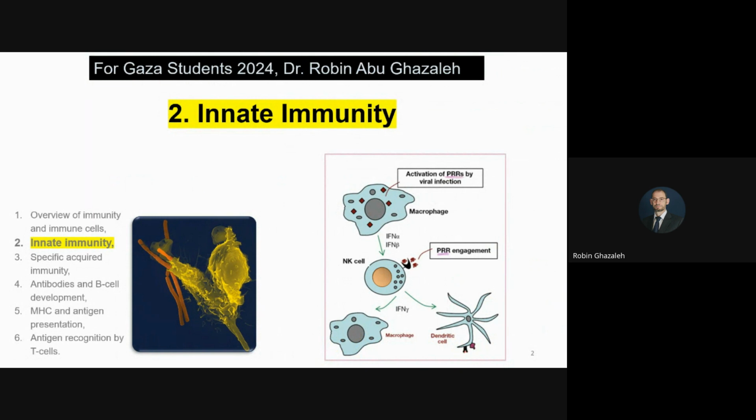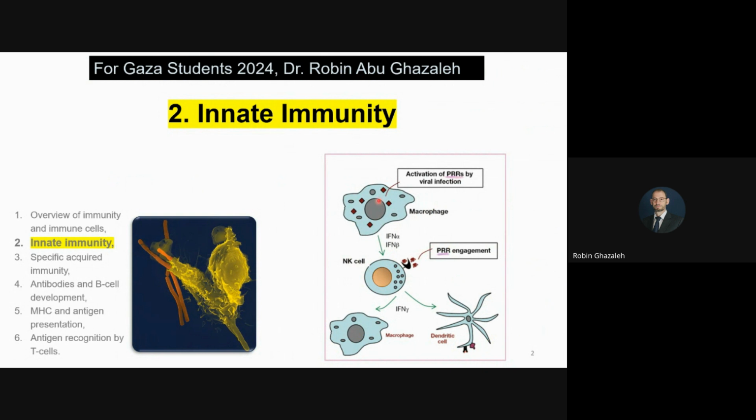Okay, so let's take a little step back. Do you remember in a previous lecture, we looked at the role of macrophages and neutrophils and natural killer cells, and the effector functions of natural killer cells are enhanced by interferons and also these pathogen recognition receptors.